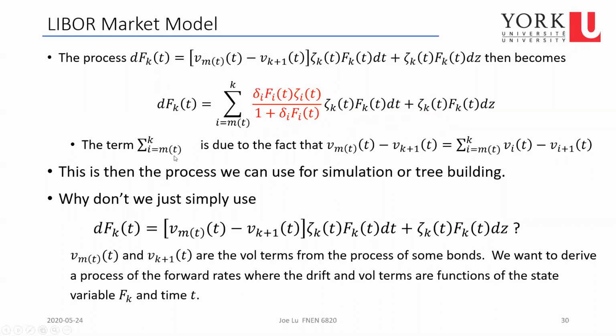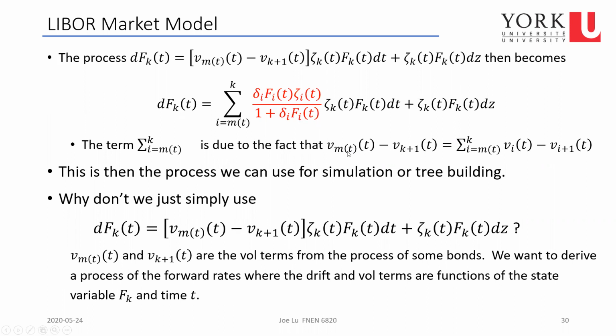So why do we have a summation here? The summation is there because this difference is actually a sum. To see why, take an example: if k is equal to 5 and m is equal to 1, then between 1 and 2 there's a drift change here.